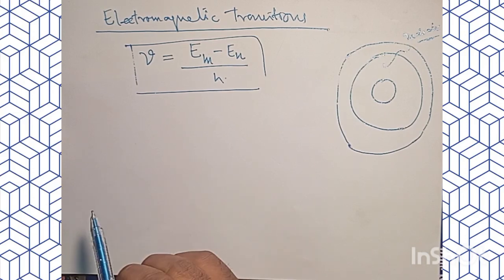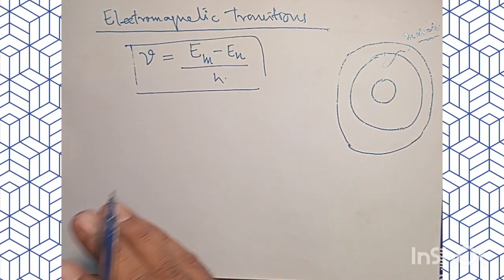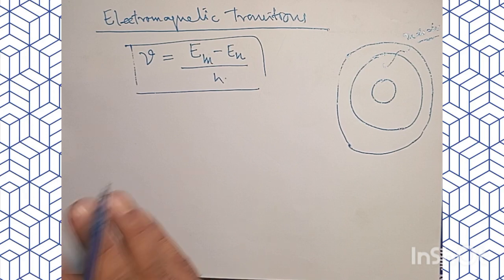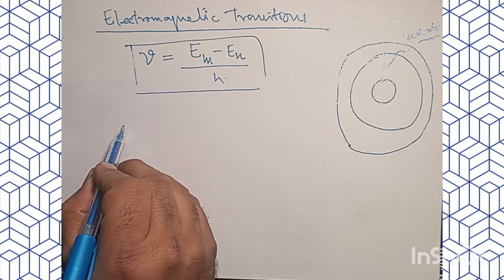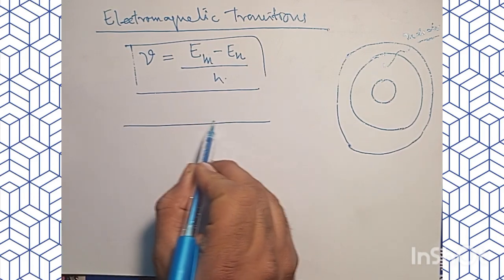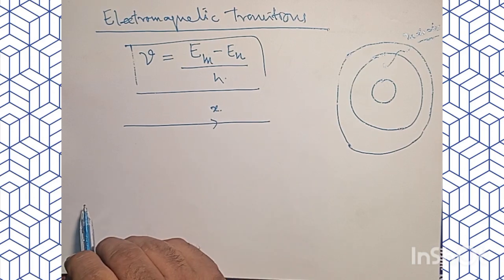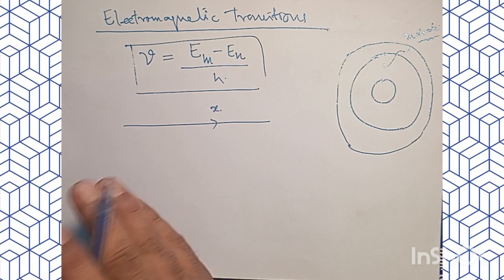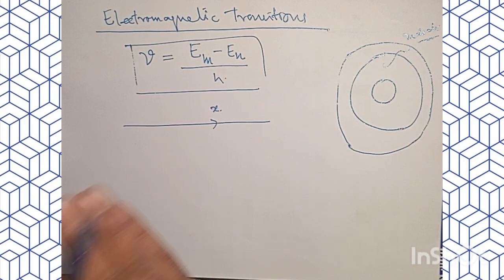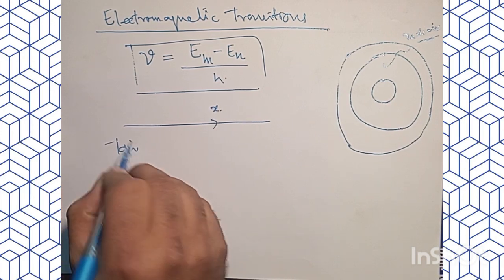For the sake of simplicity, assume we have a system in which an electron is moving in some particular direction, and assume that direction to be x. We can immediately think of writing the time dependent wave function.